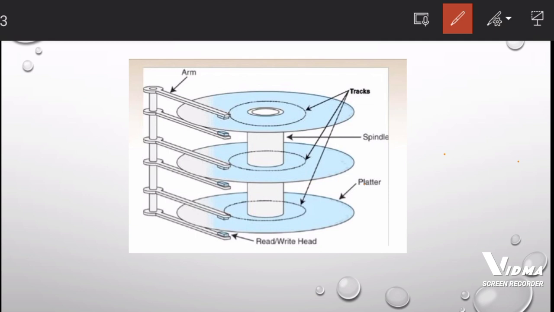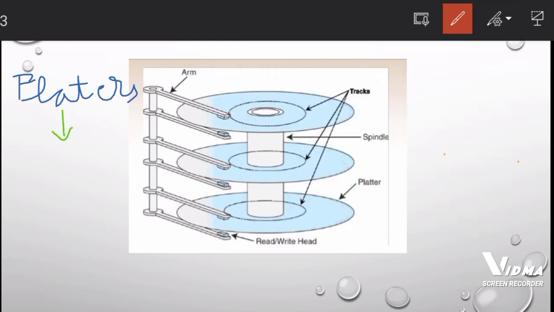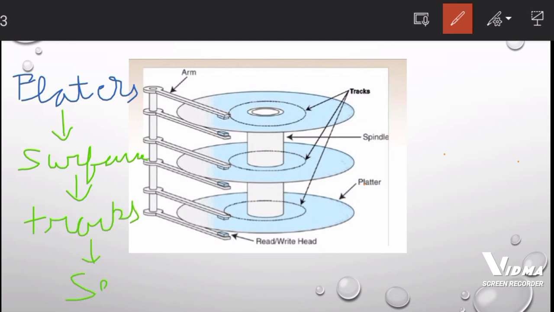So first is platters. Over this platter there are surfaces. On this surface there are tracks. On this track there are sectors.